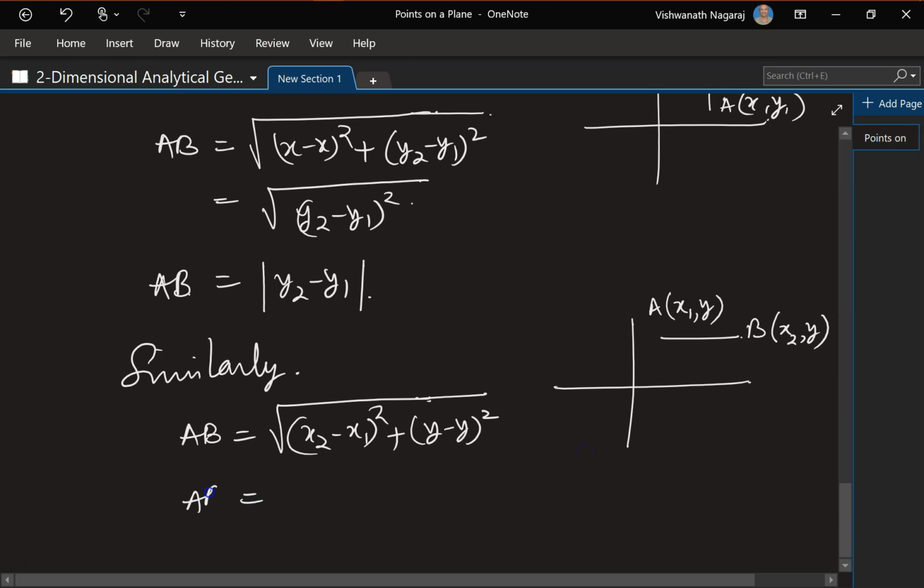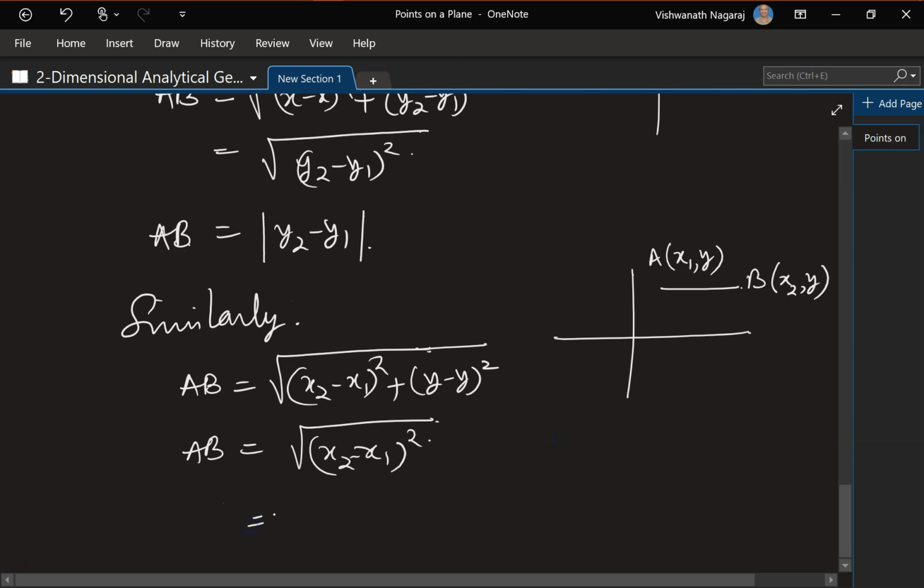So AB is equal to the square root of x2 minus x1 square plus 0. The square cancels the square root, and since distances can't be negative, AB is the magnitude of x2 minus x1.